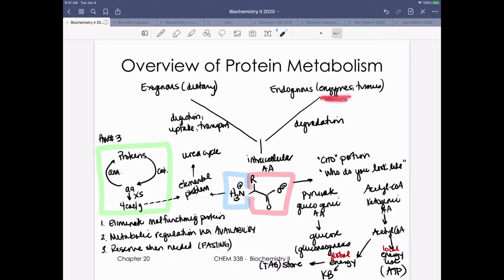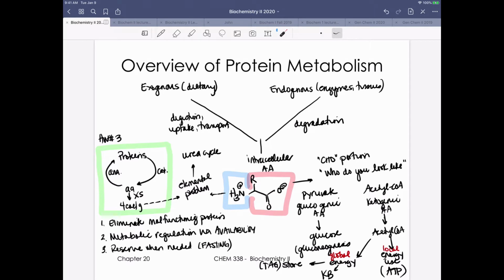Whether it's enzymes or tissues that need to be turned over, we do see some degradation of proteins in this regard. There was a homework question that asked us to think about when that might happen. Why might it be an important process to have the breakdown of internal proteins? Three things I want you to think about: it is a mechanism for eliminating proteins that are malfunctioning.